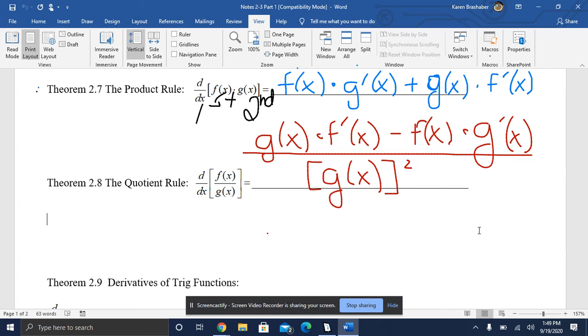And then your derivative would go like this. So it's first d second plus second d first. And that d stands for derivative.